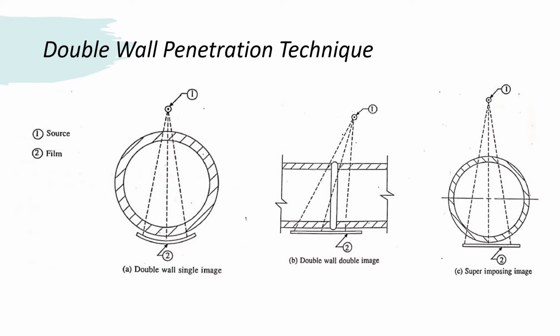They are double wall single image, double wall double image, and double wall superimposing image. So let's start with the double wall single image.